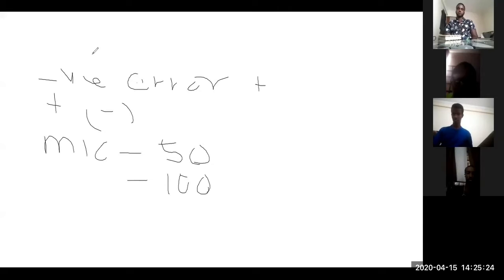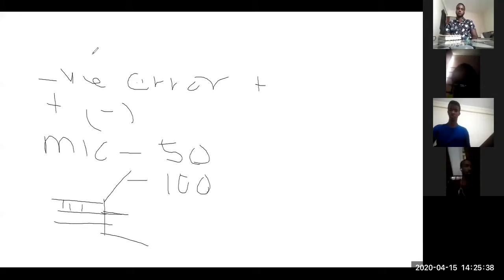That is on the thimble scale, because we have the main scale, which is the horizontal part, and then the curved part. So usually we have the main scale here on top, and then we have the thimble scale here, which usually is where we read it from the line that is joining with the thimble scale.